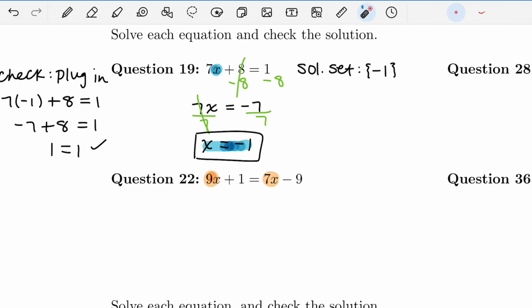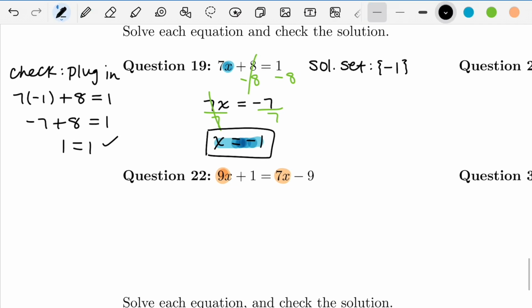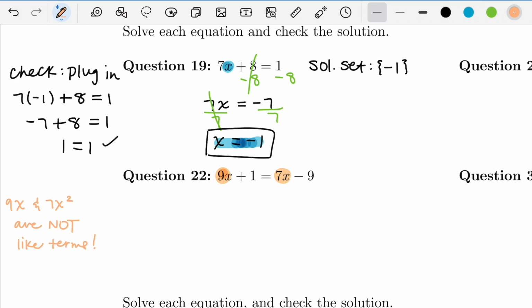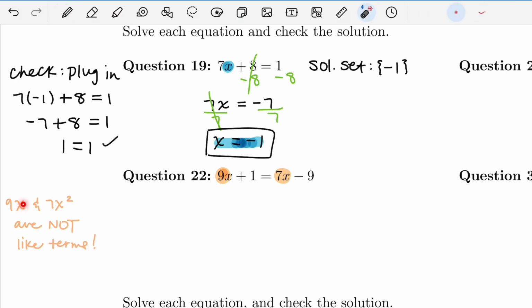So 9x and 7x here are like terms because they both have x raised to the first power. If we had, for example, 9x and 7x squared, these are not like terms because although they do have the same variable x here, it's not raised to the same power.